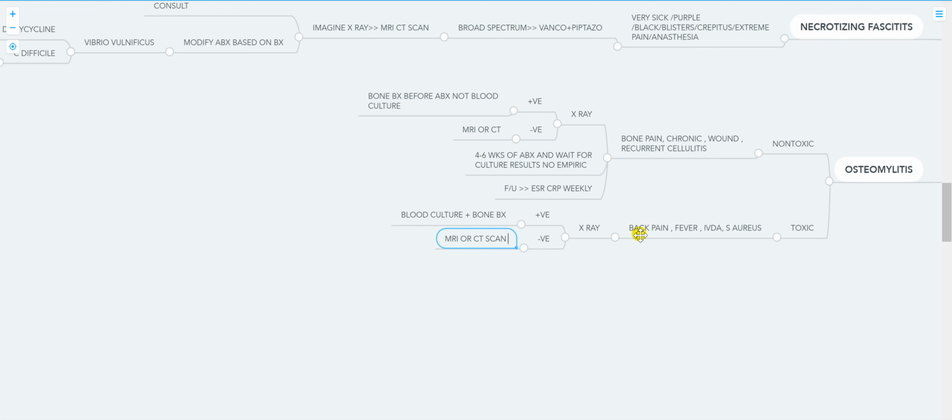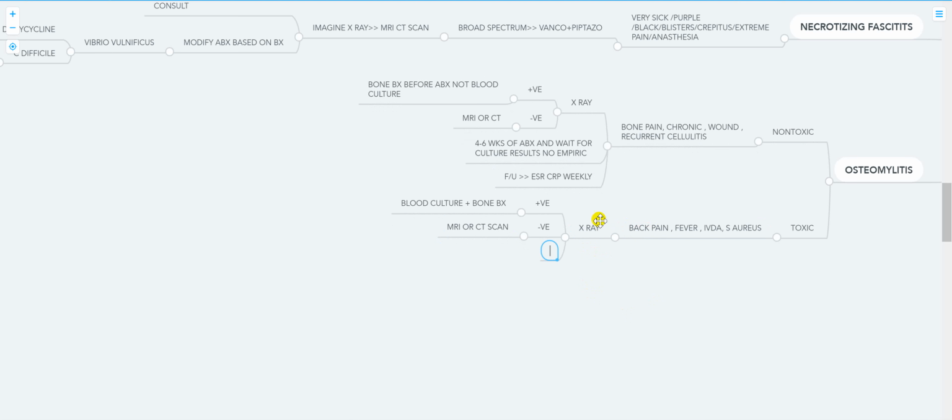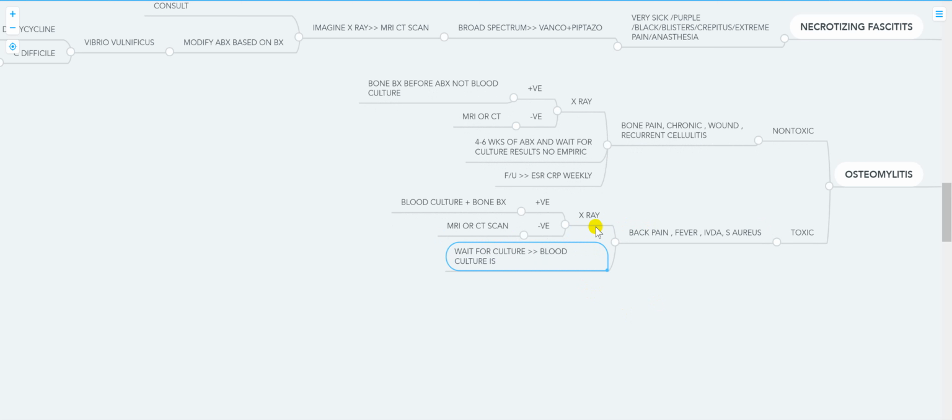And regarding the management, this is gonna get more interesting. So the treatment, wait for culture, okay, and blood culture is fine. If you find something in the blood culture, that is okay.